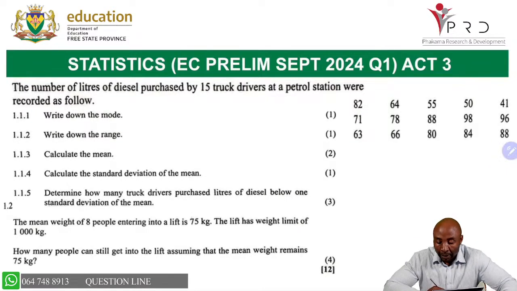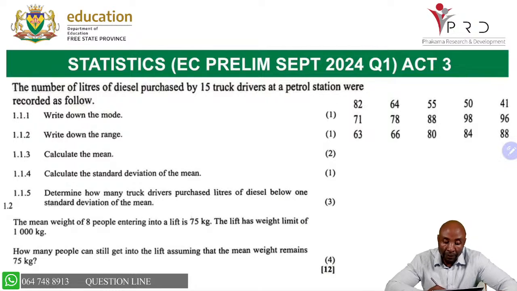Welcome back. Now, I will encourage you, if you look at this data set, the data is not arranged either in ascending or descending order. Therefore, you need to arrange it so that you are able to work with sorted data.